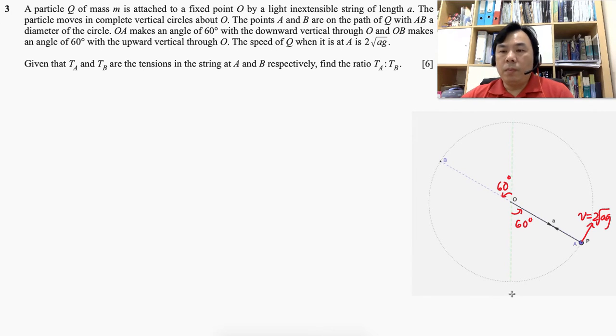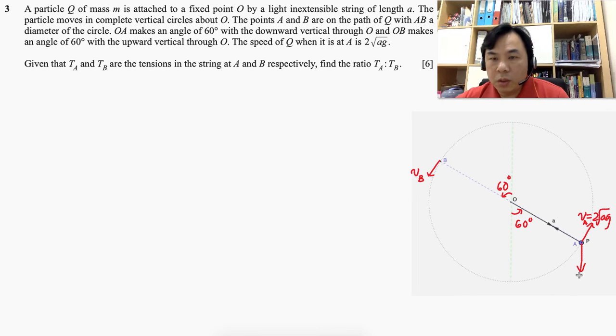As it performs a vertical circular motion, it has a certain speed here also that I will label as v_B, and this part as v_A, just to differentiate those two. Don't forget, at position A, there is a weight component.